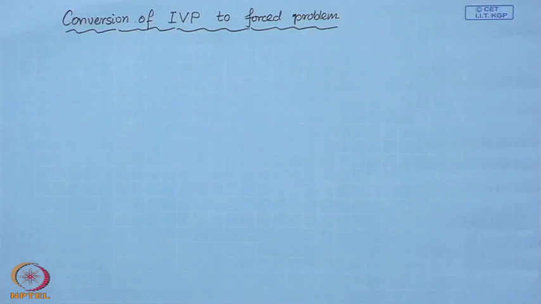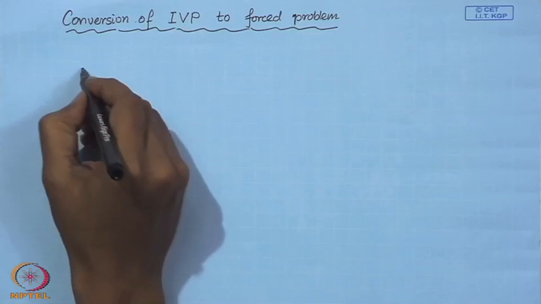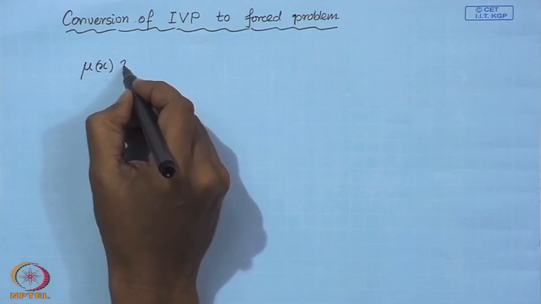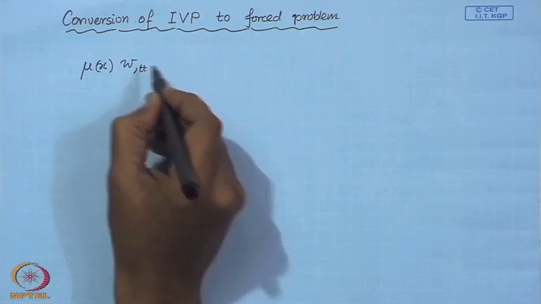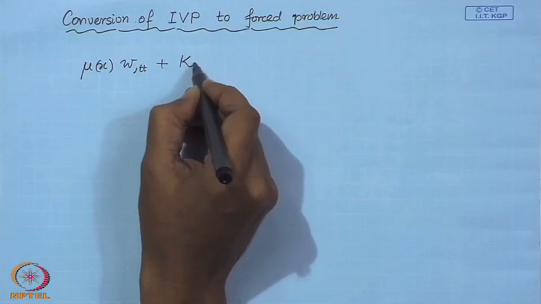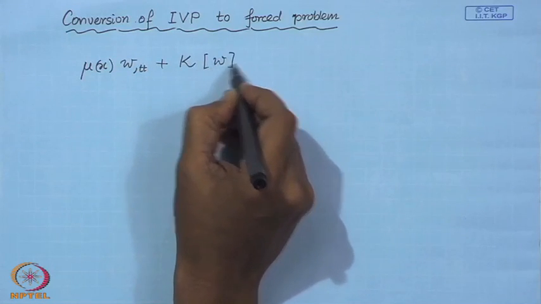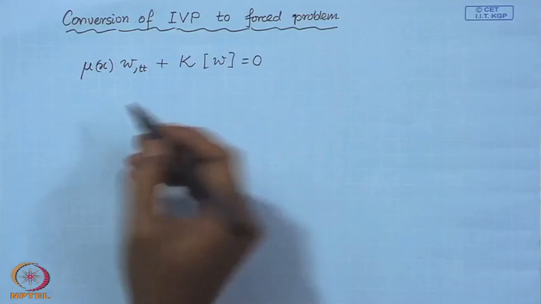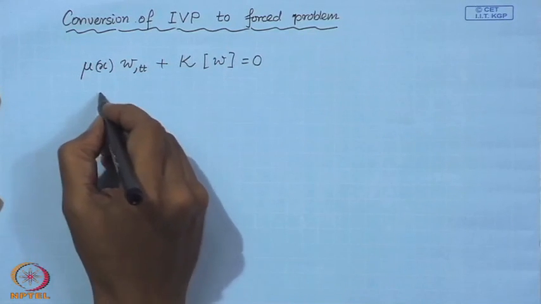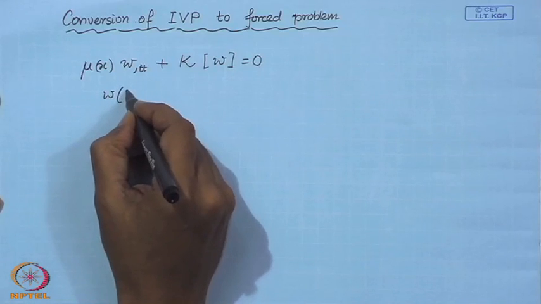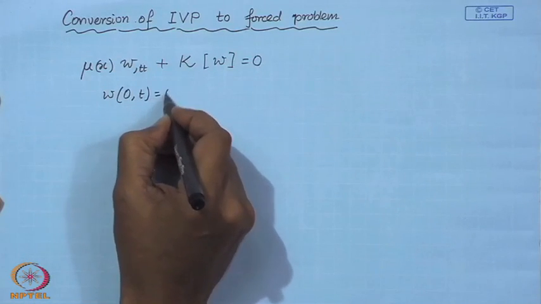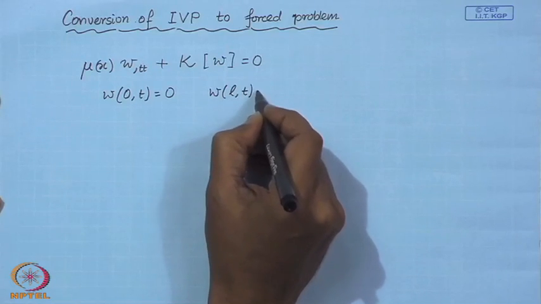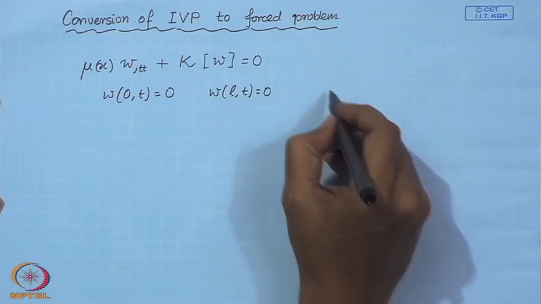Now, you see this, we have been considering, let us say, this kind of a system and with certain, let us say, boundary conditions and initial conditions.